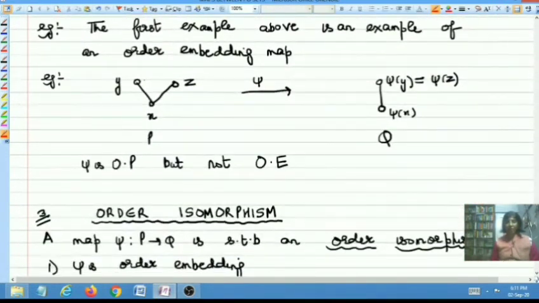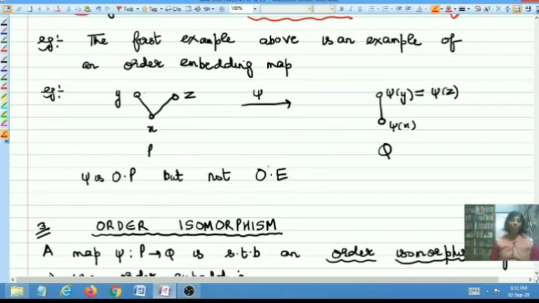But let me talk of an example in which the map is not an order embedding map. For example, this particular poset P, in which there are three elements which have been labeled as x, y and z, and this is the map psi, which takes P to Q, where Q is this. Now you can see that this is order preserving, because all the conditions for an order preserving map are being satisfied.